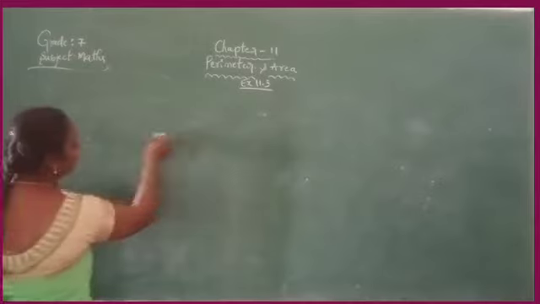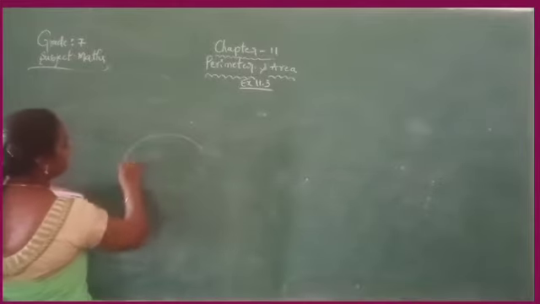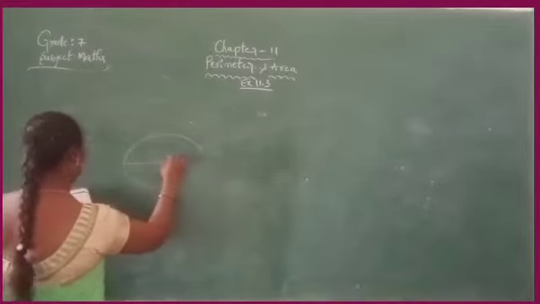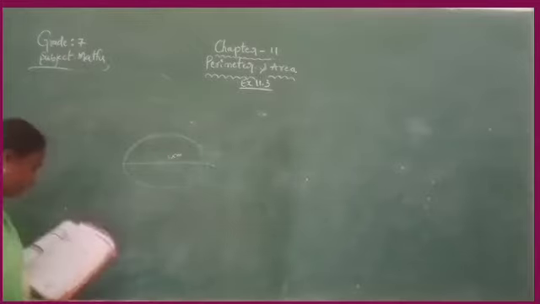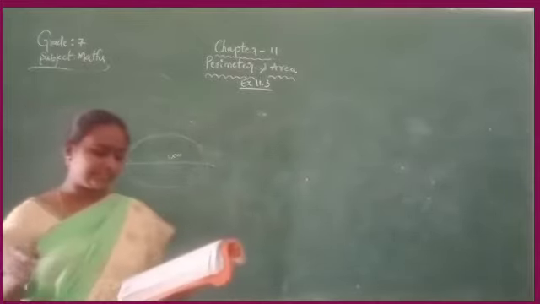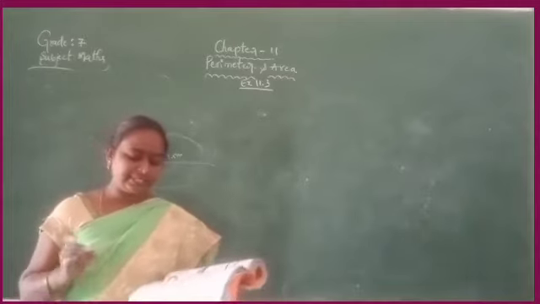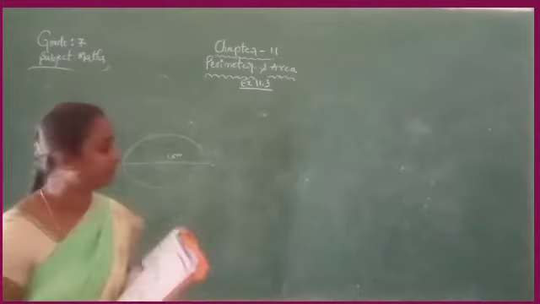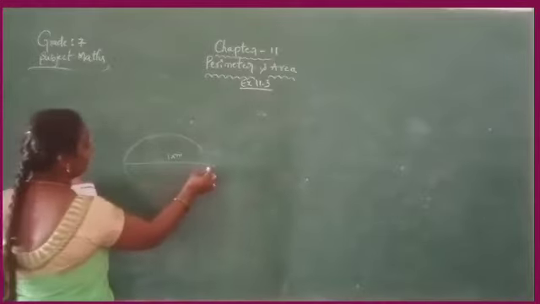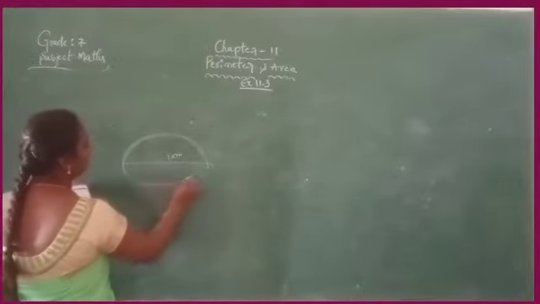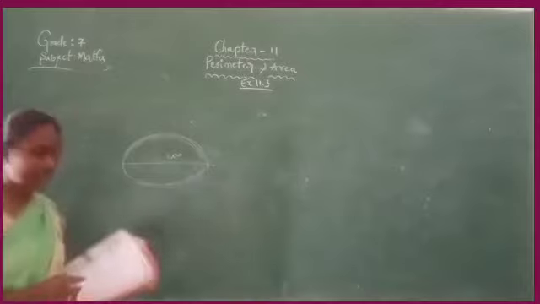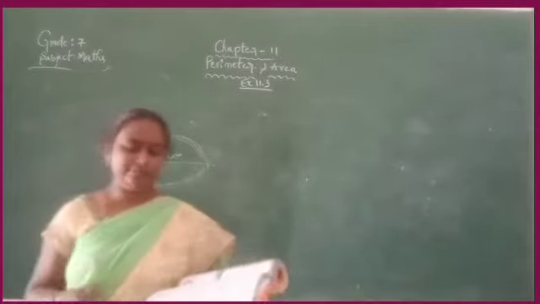So one circular table is here. The diameter is 1.5 meters. Okay. So the total of diameter is 1.5 meters. So here find the length of the lace required. So how much length of lace is required to cover the circular table?